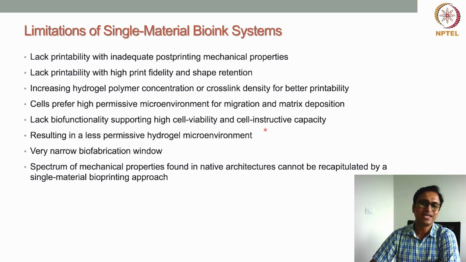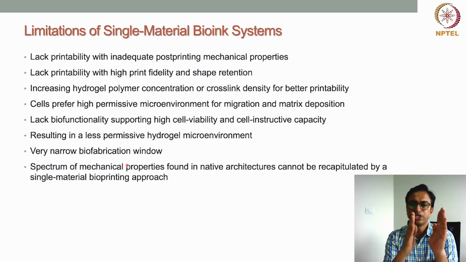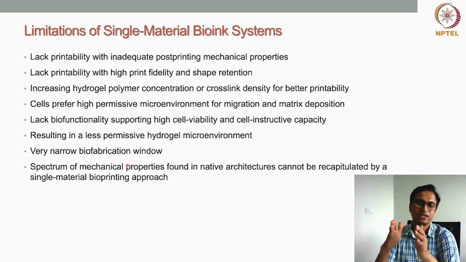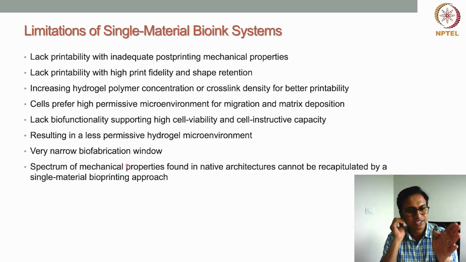That's why with a single material bioink system, we have a very narrow biofabrication window, because we cannot use a very low viscous bioink. When the concentration of the material in the ink is low, the viscosity is also low, and then it is not good for printing. The print fidelity is not great, but that is very good for cell viability or cellular functions.